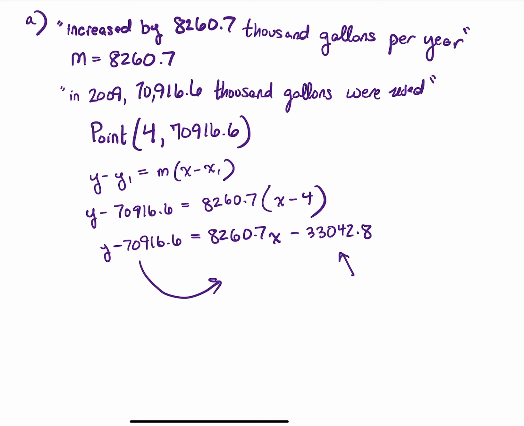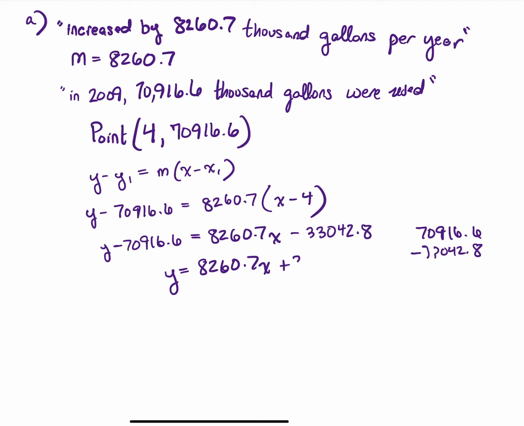It will add to the term that we just created. So we'll be left with y on the left side. We'll have the 8260.7x. And then this essentially becomes 70916.6 minus 33042.8. So that will give you a positive 37873.8.